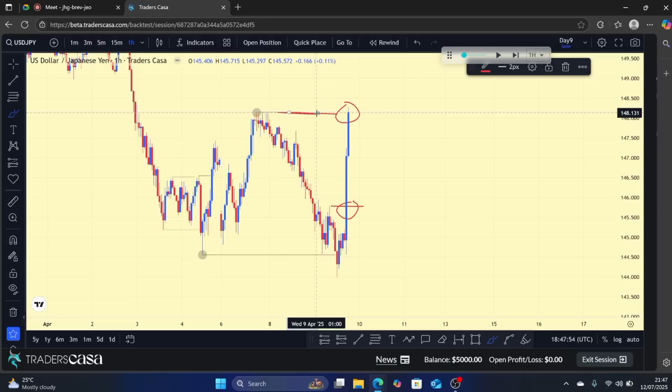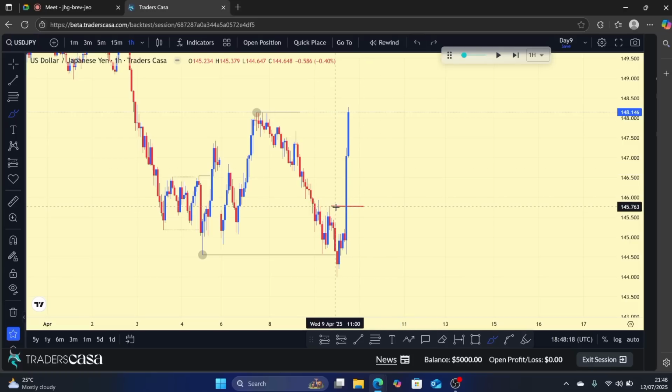So if price breaks past this high with a significant body closure, or with some displacement, this one here will be a change of character or a bullish break of structure. But if price sweeps this part, meaning it just wicks above and gives an immediate rejection, then that will be a valid sweep. I believe you know why I used this one here as a major inducement.